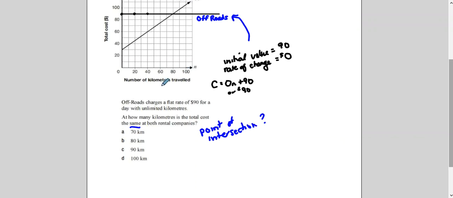So if I look at the point of intersection, I know that if I look at this, 80, all right, so 80 kilometers. And if I go back, there's my 90. Okay, so I can answer the question. How many kilometers is the total cost the same? Right there.